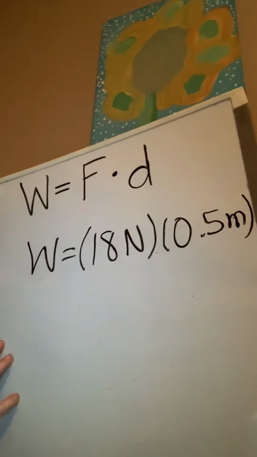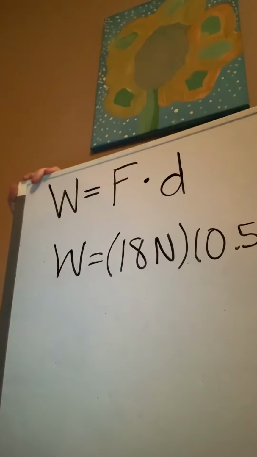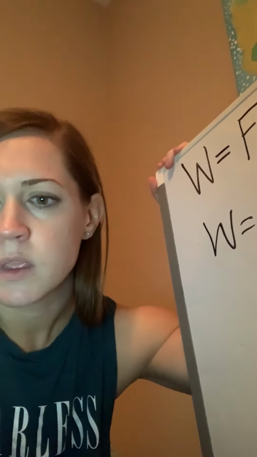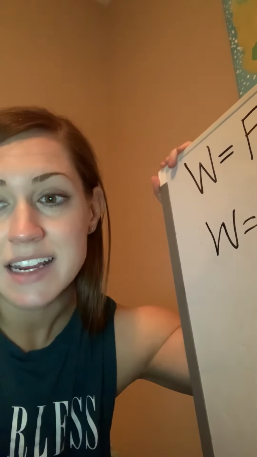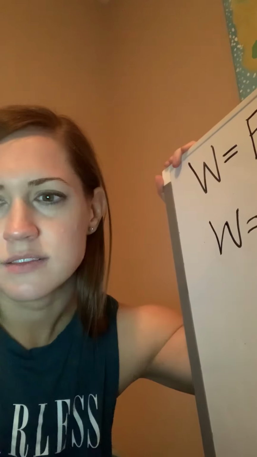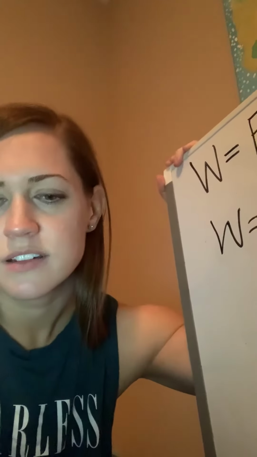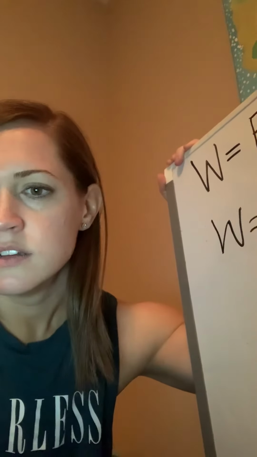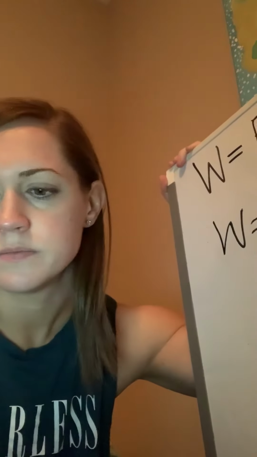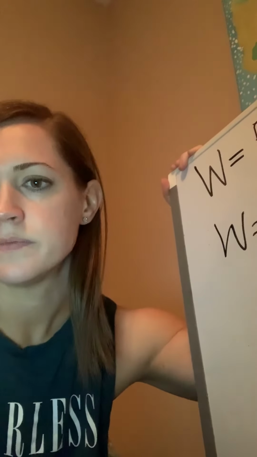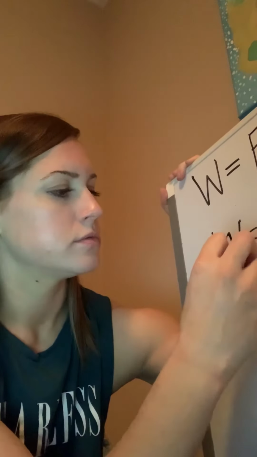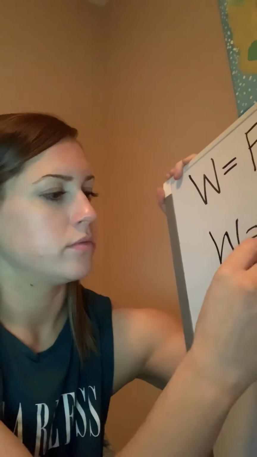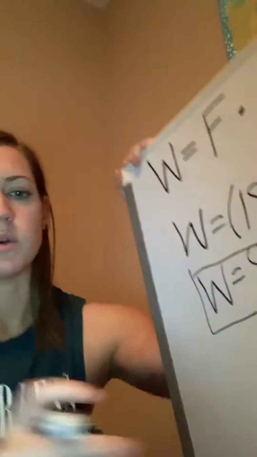I know this is a tiny whiteboard, but it's all we've got to work with right now. So 18 times 0.5. Half of 18 is 9. So 18 times 0.5 is 9 joules of work being done.